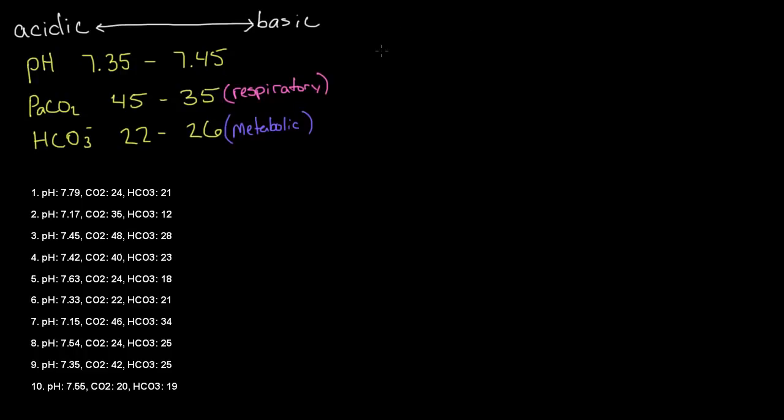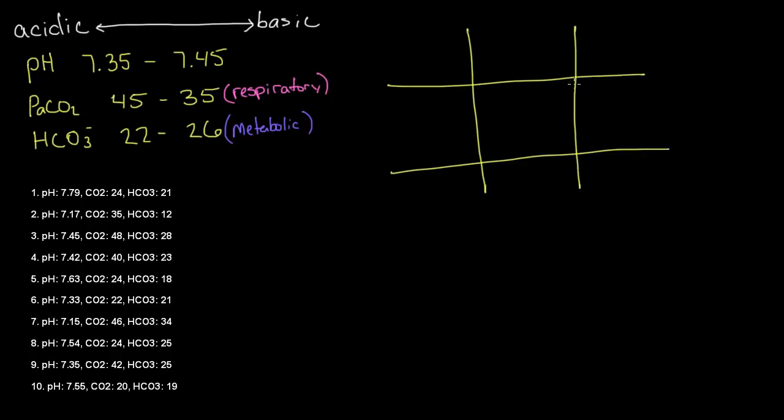So, number one, we're going to draw our tic-tac-toe grid. This column is acid, this column is normal, and this is base. So we look at our first problem, 7.79. Our pH is 7.79. It is basic, it is alkalotic.